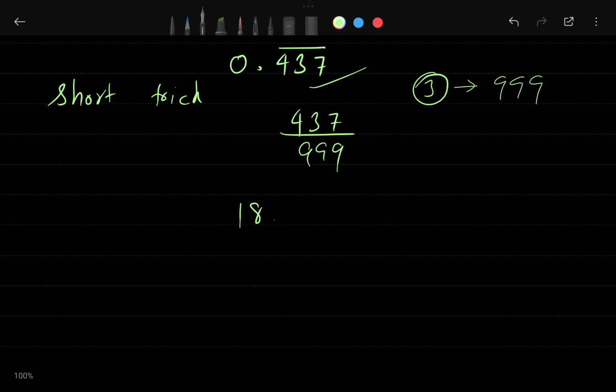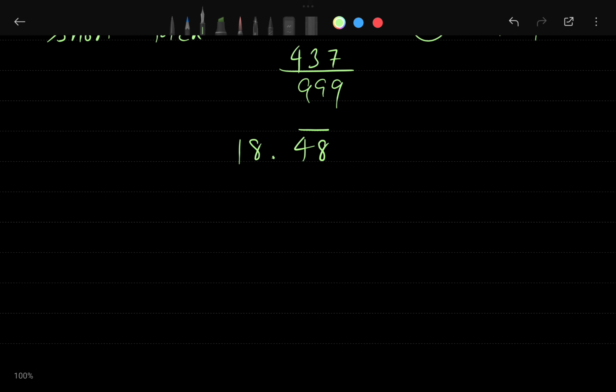Now let's do one more question only. This is a little bit unique, that's why we are doing it. Now we have to represent 18.48 bar in the p by q form, just using the short trick. First thing you need to do is make sure whether this is pure repeating or mixed repeating. You see that there are only two digits after the decimal, that is 48, and both of these digits are being repeated. It means this is pure repeating, and if the number is pure repeating we can apply the short trick.